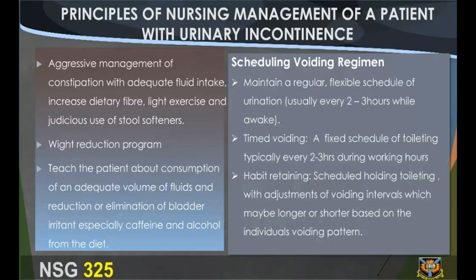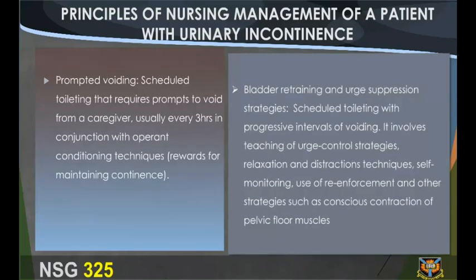Habit retraining, scheduled toileting with adjustments of voiding intervals, which may be longer or shorter based on the individual's voiding pattern. Prompted voiding, scheduled toileting that requires prompts to void from a caregiver, usually every 3 hours, in conjunction with operant conditioning techniques, rewards for maintaining continence.